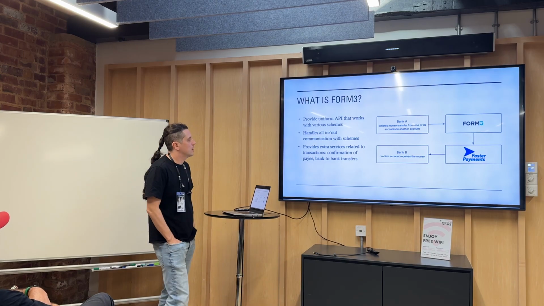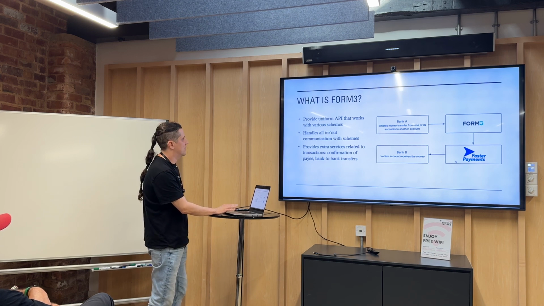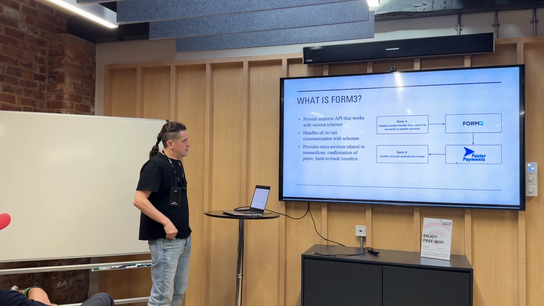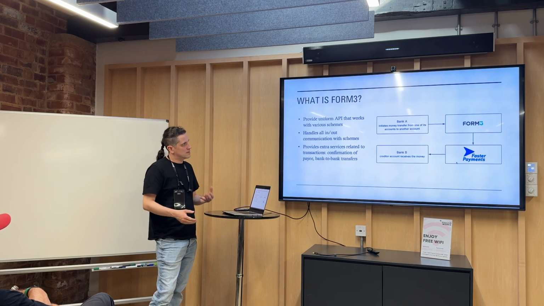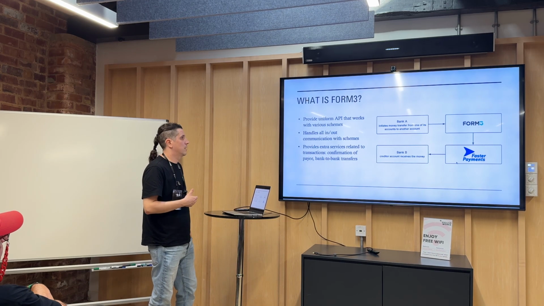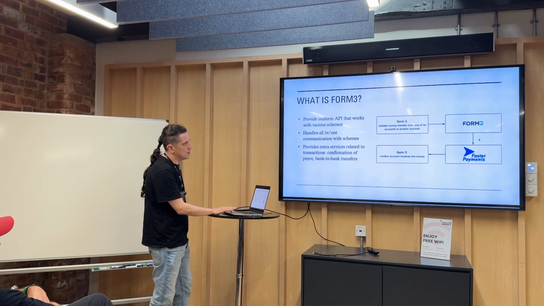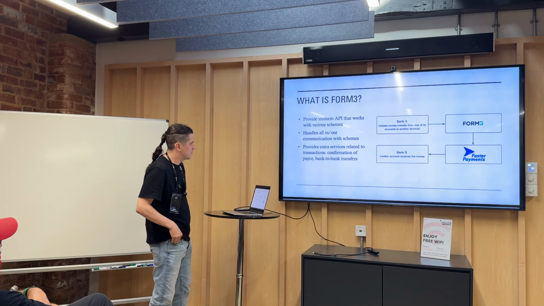My company, Form3, is a layer that sits between the bank and Faster Payments. It provides an API, so banks do not have to use the message interface with Faster Payments anymore, and it handles all the communication with Faster Payments.